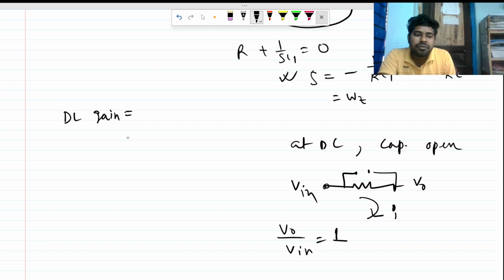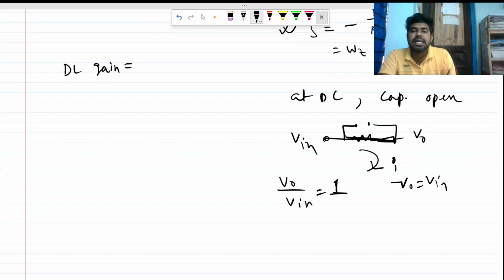Because there is no current flow, so this is a short circuit. So our V out will be V in, right? Because this is a short circuit path. So this is a gain of 1, and this is a purely passive circuit, so the gain cannot be more than 1 in linear, right? And in dB, 20 log of 1 will be 0, so 0 dB. So the DC gain here is 1.